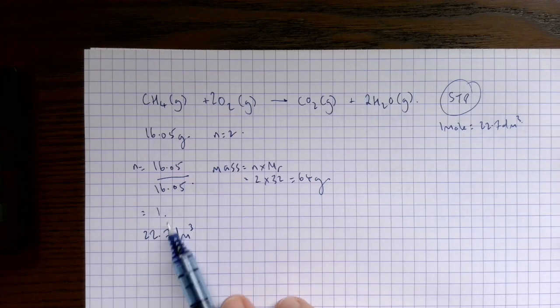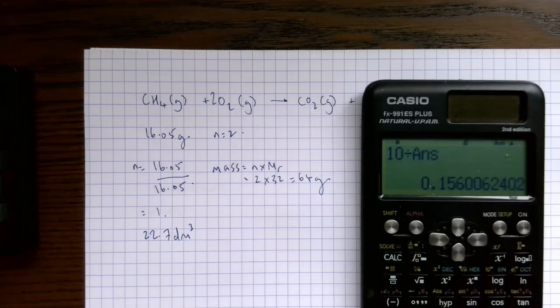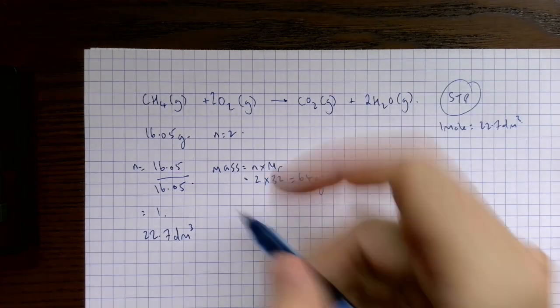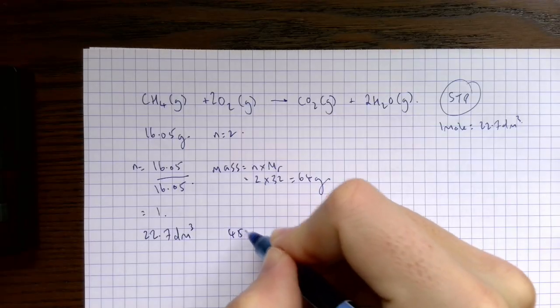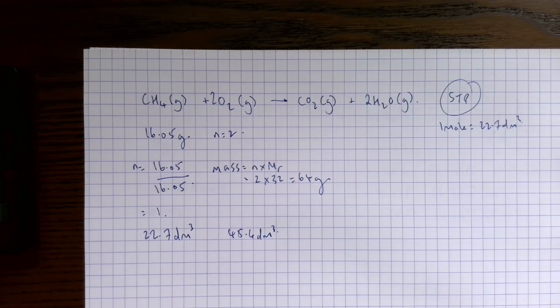So if this is 1 mole of this gas, then 2 moles of this gas is going to be 2 times 22.7, which is 45.4. So this is going to give me 45.4 decimeters cubed of oxygen.